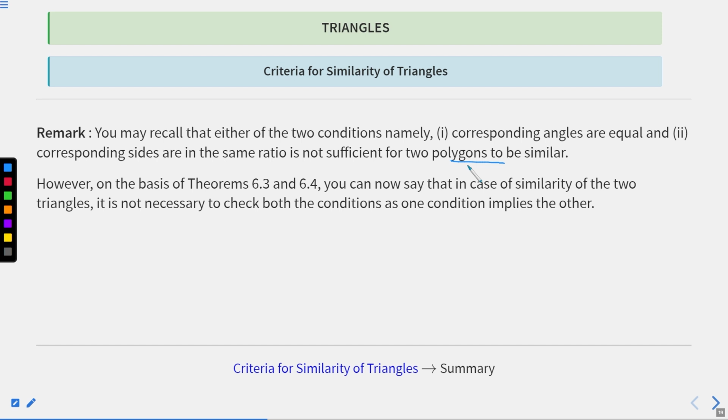And from Theorem 6.4, if their corresponding sides are in the same ratio, then their corresponding angles are equal. So on the basis of Theorems 6.3 and 6.4, we can easily say that for similarity of two triangles, it is not necessary to check both conditions. One condition implies the other.